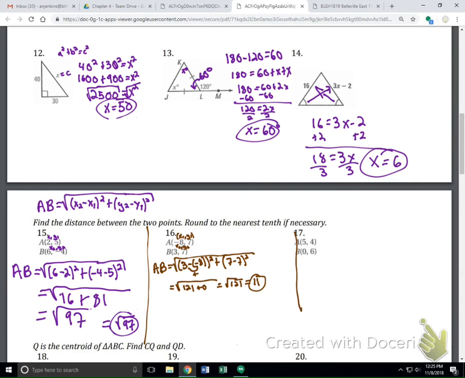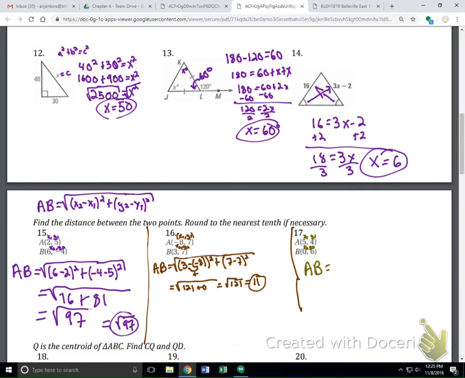And then our last one, we see that we have A and B. Try not to draw through our problem. Okay, so here we have x1, y1, x2, y2. And again, we're going to use that same formula.